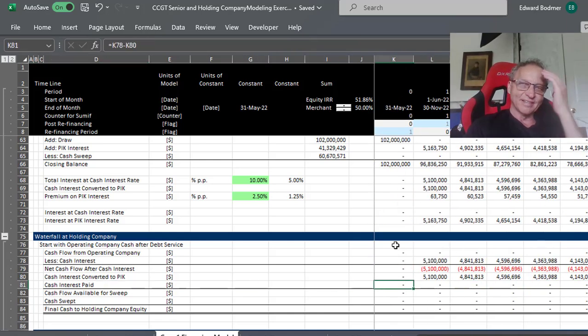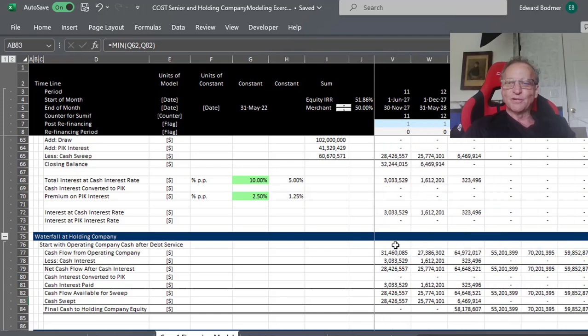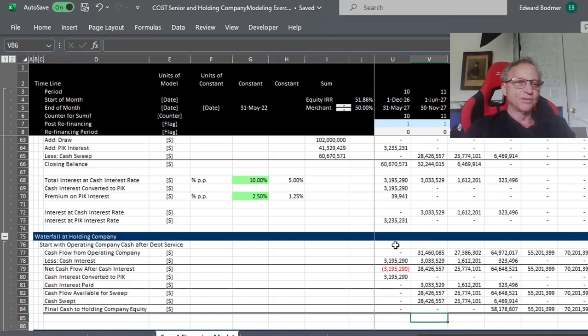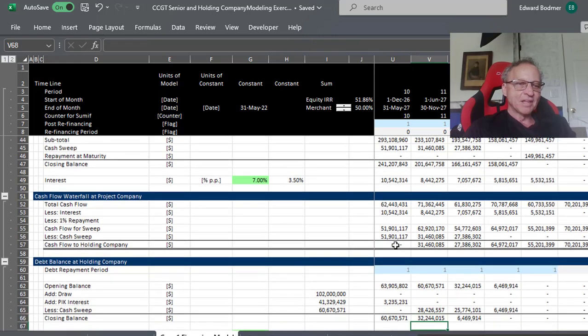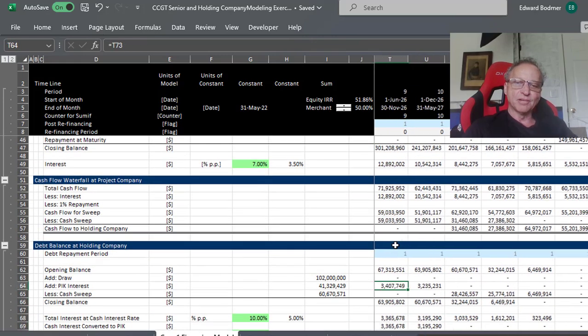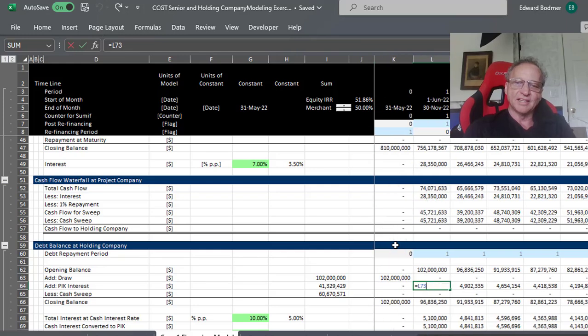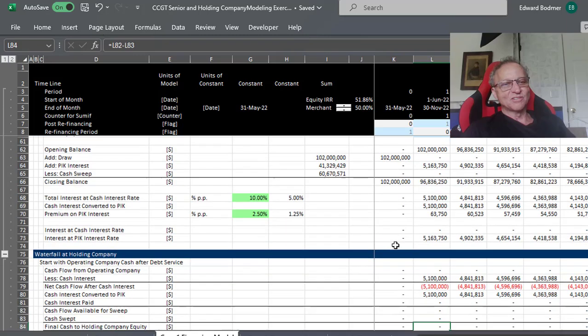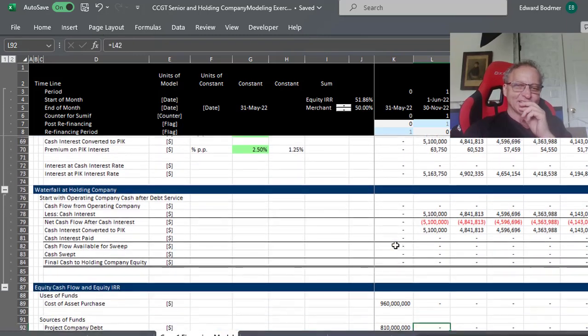You could have got a little fancier, I suppose, and see how much you could pay in cash and payment in kind. I didn't do that. And so you finally can sweep the cash flow for that holding company at the very end and put it in a very similar thing, but you have to accrue the payment in kind interest at the top. Oh, and that's just one of the refinancing methods.